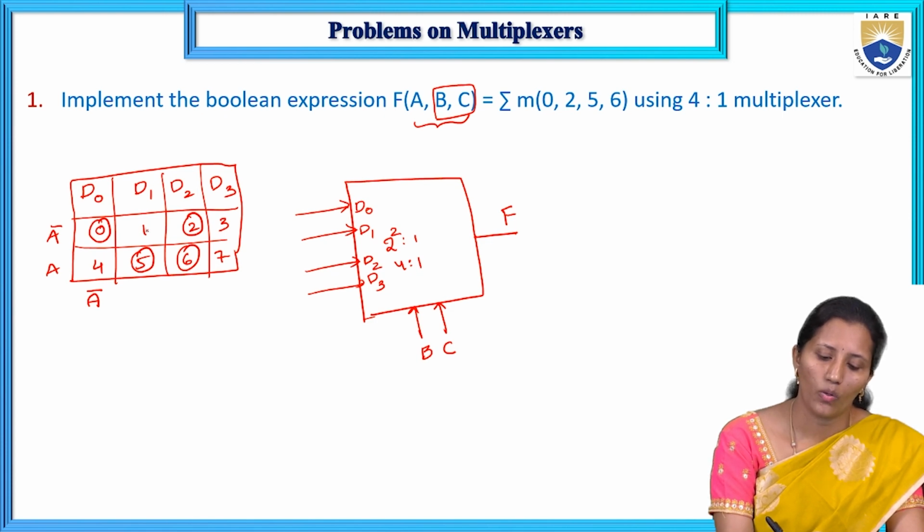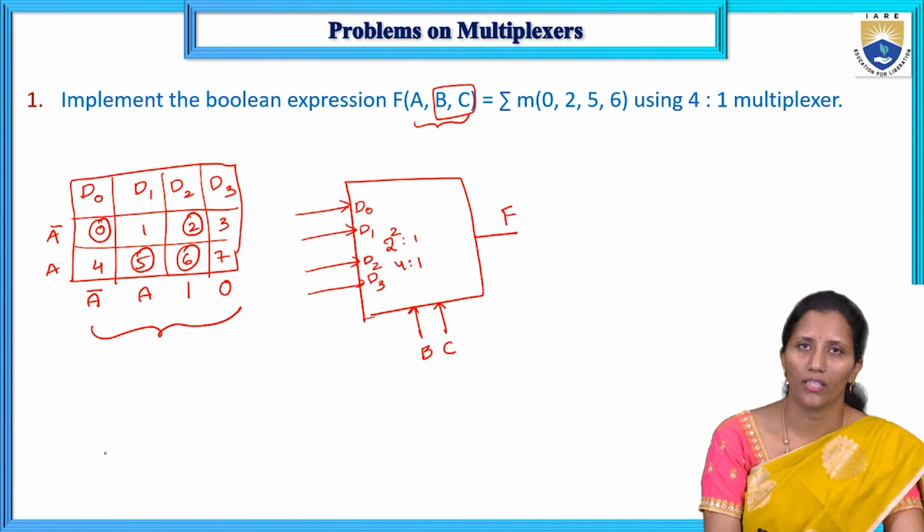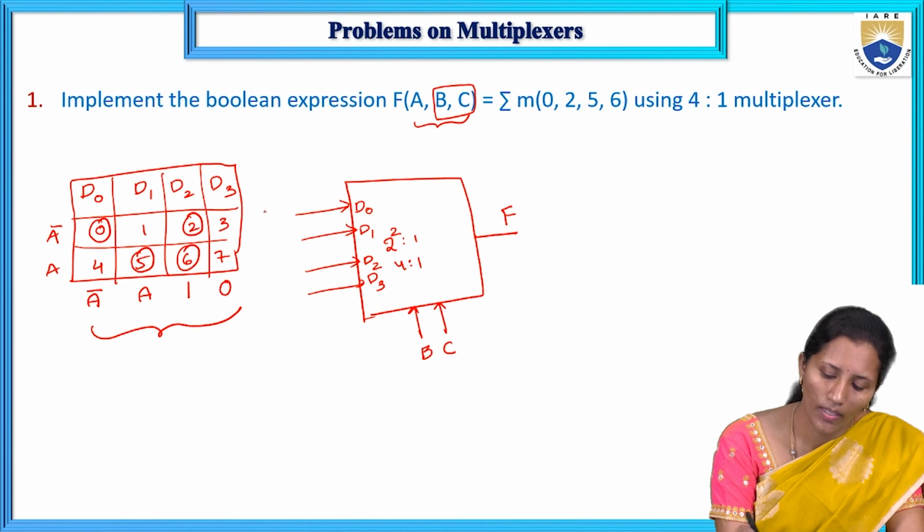If row 1 is not circled and row 2 is circled, here we have to write A, because A is circled here. Then if both are circled, 2 and 6 both are circled, we have to write 1. If 3 and 7 in D3 are both not circled, we have to write 0. So these 4, A bar, A, 1, 0, are the inputs to the 4:1 multiplexer for this Boolean expression.